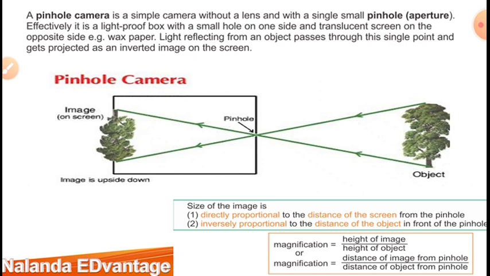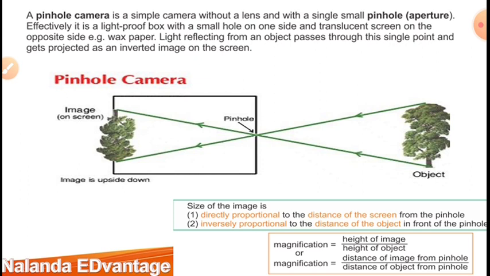And when you're observing an object such as a tree or a candle or any object nearby you, through this pinhole, the object's image is projected onto the screen in the pinhole box in an inverted position, such as in the figure given here. Hence, you will get an inverted image on the screen and your camera is ready without much cost.